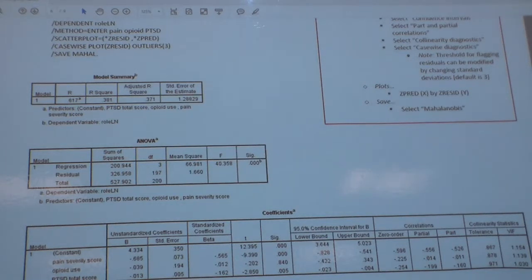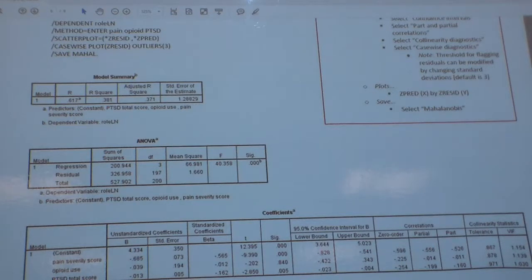And so what I can interpret this as saying is that pain severity accounts for about 28%, it starts to have some causal language, but we'll ignore that for right now. So pain severity uniquely accounts for about 28% of the variability in the natural log of role functioning, controlling for opiate use and PTSD total.